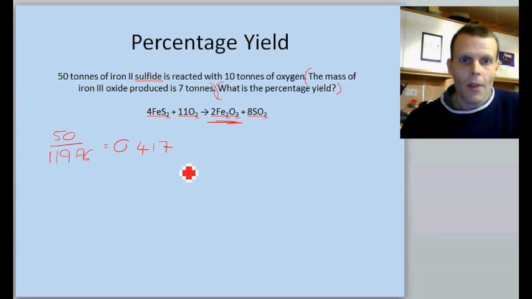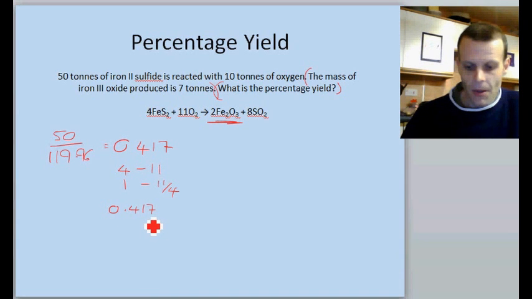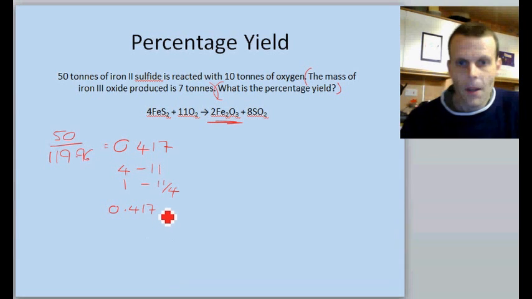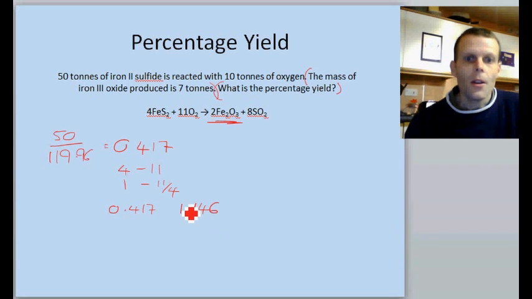0.417. Looking at how that reacts with the oxygen, it's a 4 to 11 mole ratio, so it's 1 to 11 fourths, which would mean my 0.417 would react with, multiply that by 11 divided by 4, 1.146 moles of oxygen.